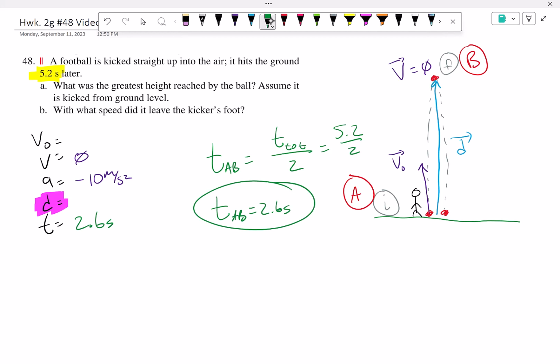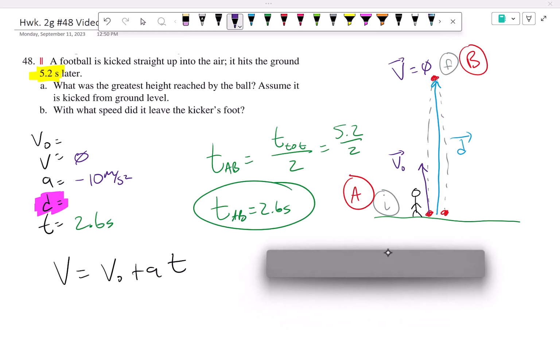All right. Well, now I'm going to try and solve this. Let's see. What am I looking for? I'm looking for the displacement. Well, I don't know my initial velocity, so that ain't going to help me. So V equals V naught plus at. Let's use this to find my initial velocity. Once I have my initial velocity, then I can plug it in using my beta equation.